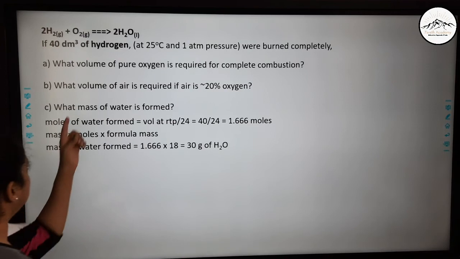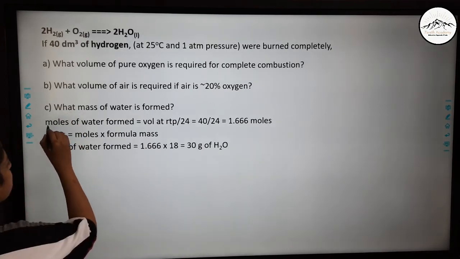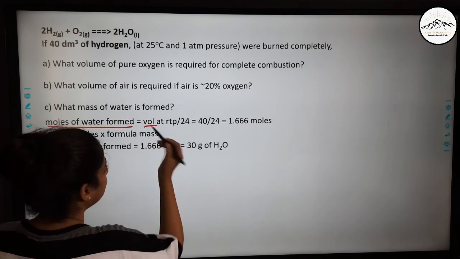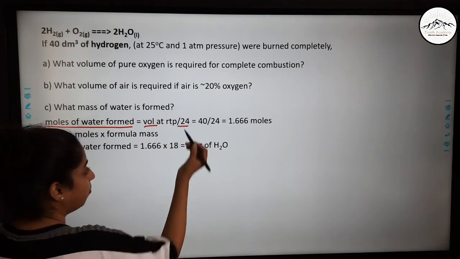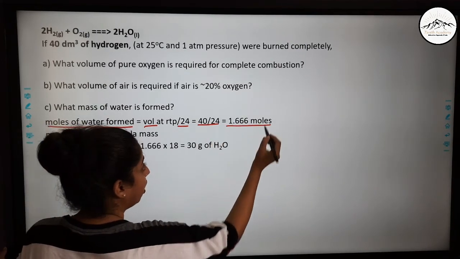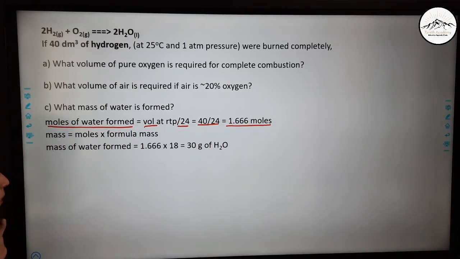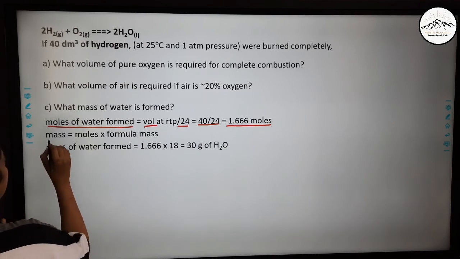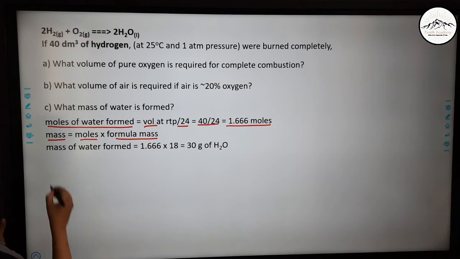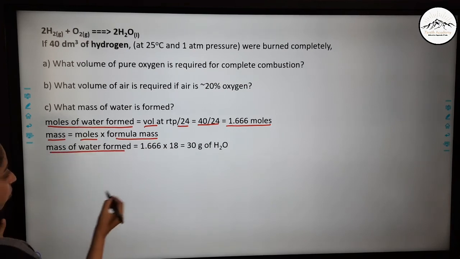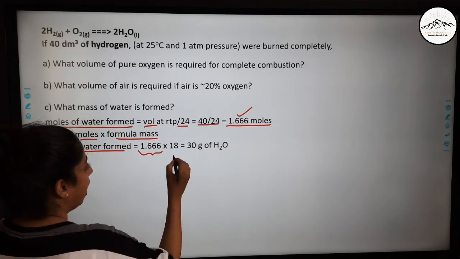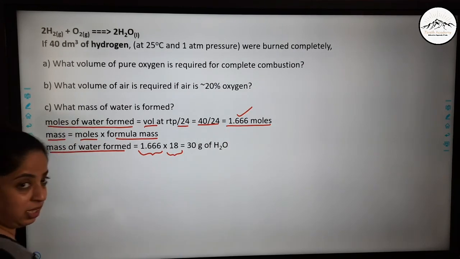See here, for the third question, first moles of water formed is calculated. So we know moles of water is volume at room temperature and pressure divided by 24. So we did 40 divided by 24 and got 1.666 moles. Okay. Then we know that mass is moles into formula mass. So we will calculate mass of water formed as moles, 1.66 was the number of moles and this is the formula mass 18.